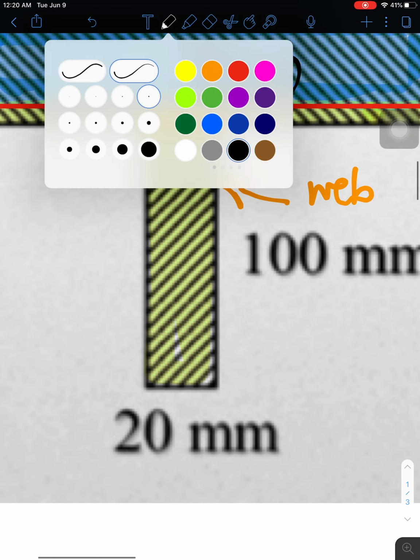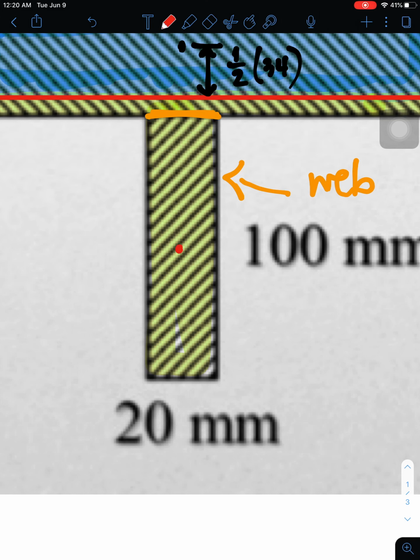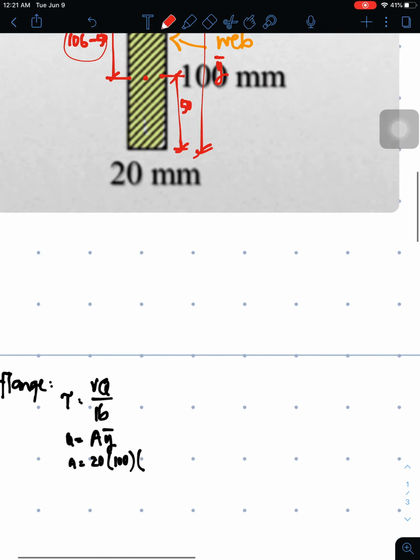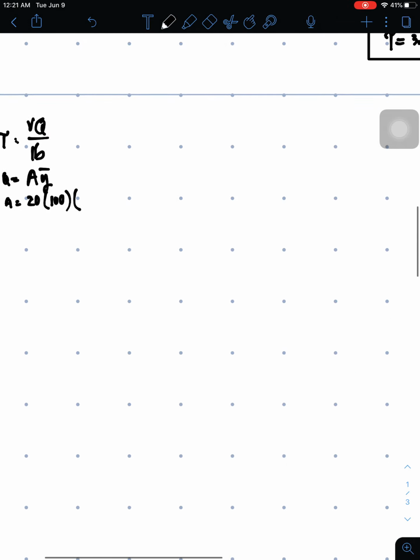Okay, again, since I'm using the area of this figure, the location relative to the neutral axis is 106 minus 50. This one is y bar. And this one here is half of 100, which is 50. So 56.